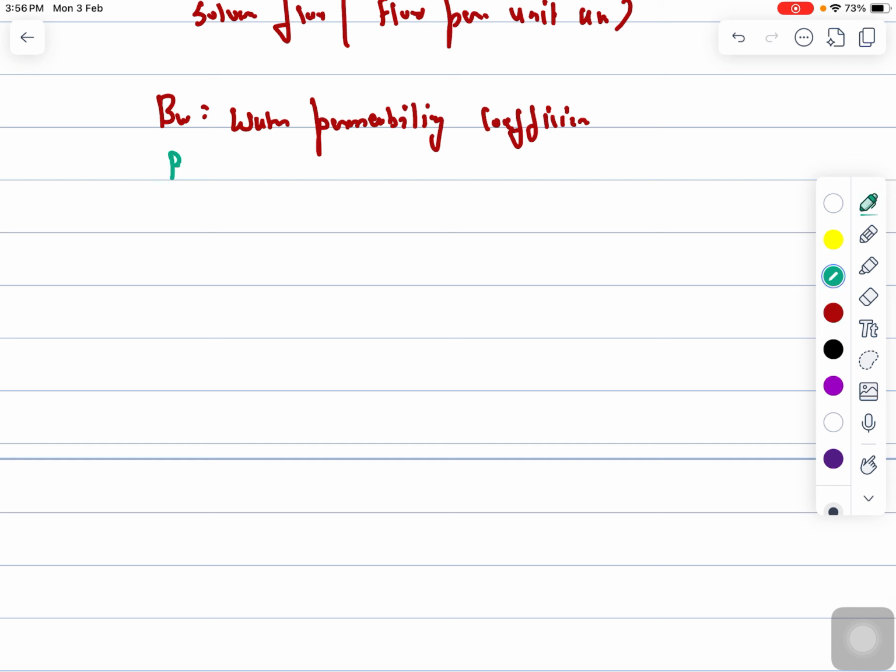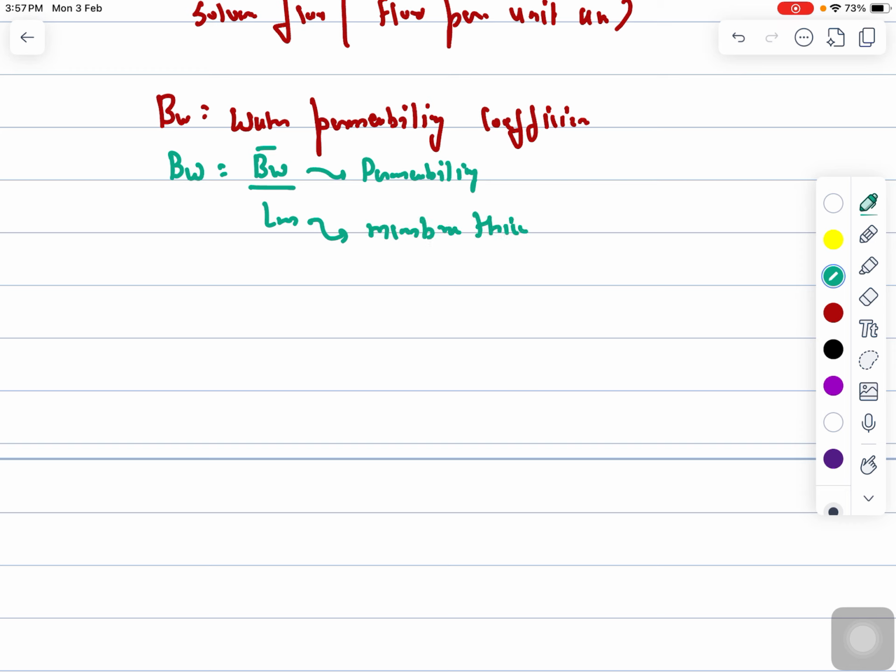Sometimes BW can be written as BW bar divided by LM. So BW bar is permeability and LM is the membrane thickness.